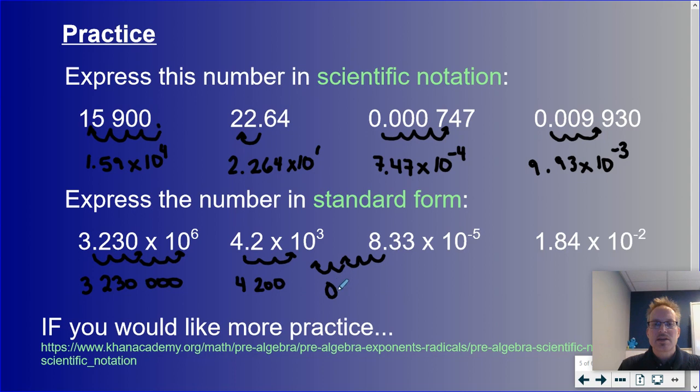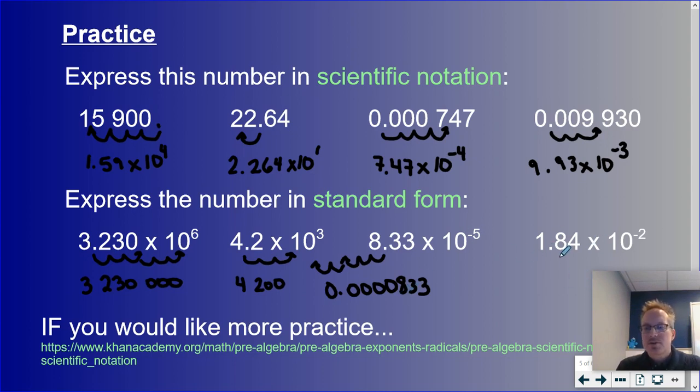So this is going to be 0 decimal. So if the decimal's here, 1, 2, 3, 4 zeros, then 833. So let's check over my work. If it was here, 1, 2, 3, 4, 5, negative 5, beautiful, I did it right.